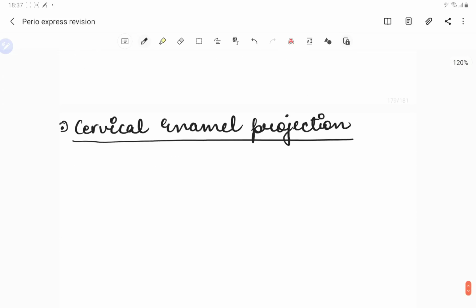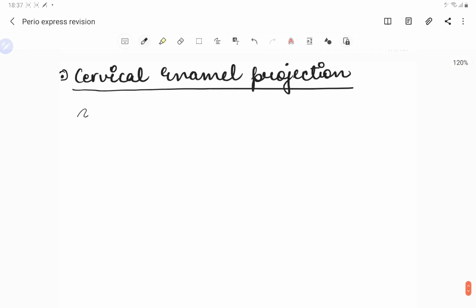Now talking about the cervical enamel projection, guys, there is a classification given by Master and Hawkins. Grade 1 cervical enamel projection is when the enamel projects and extends apically towards the furcation.